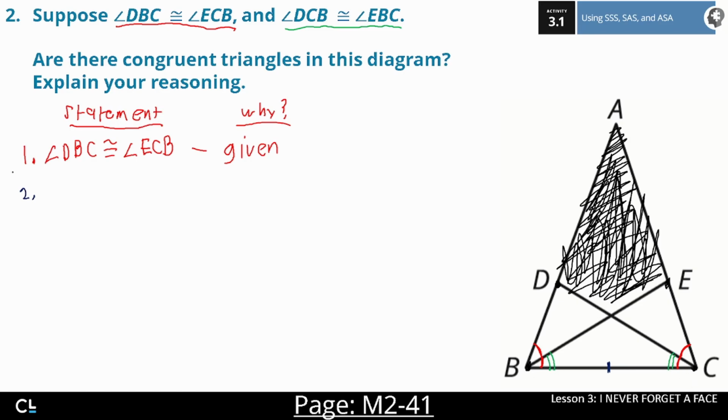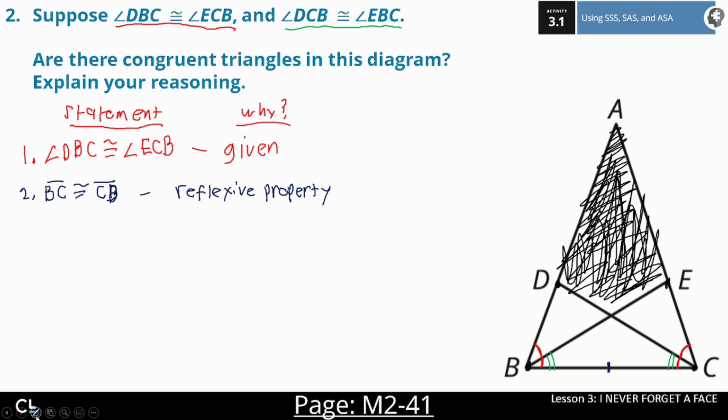So we could say that BC is congruent to actually CB if we're following proper writing, since these 2 triangles are flipped. Why? Once again, it's our reflexive property.